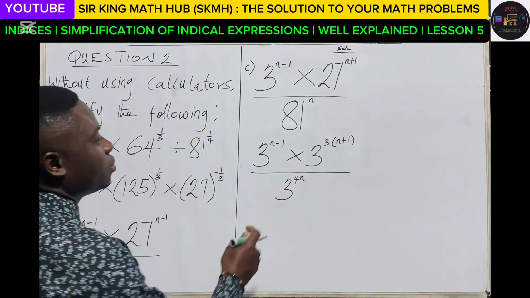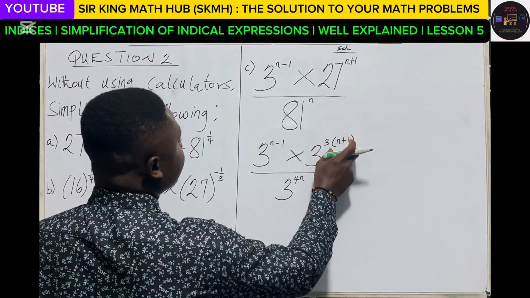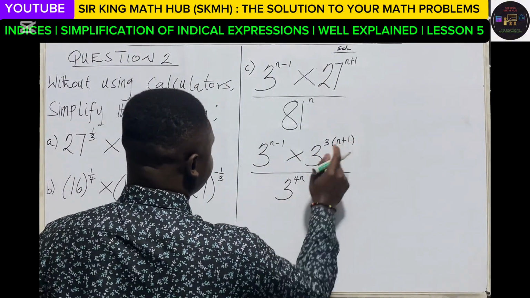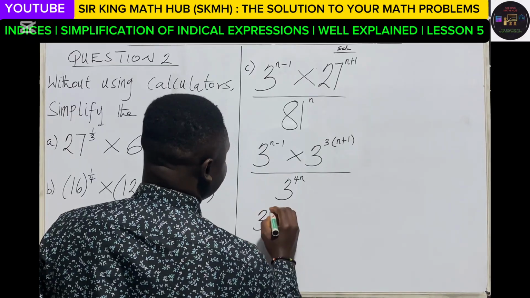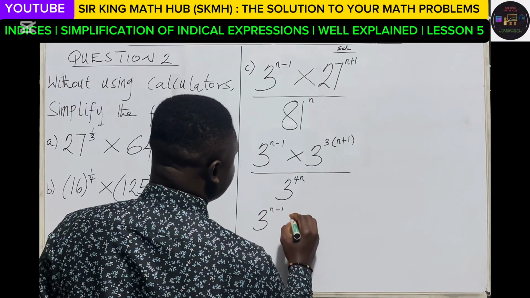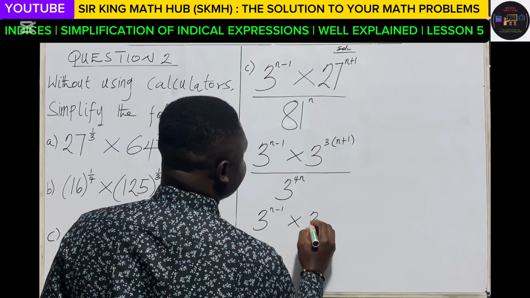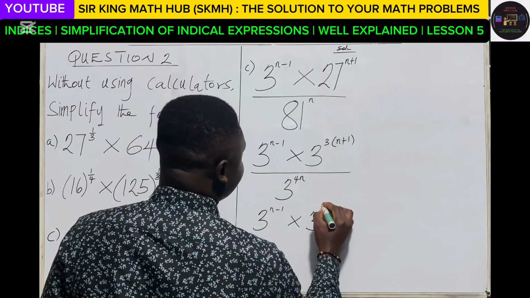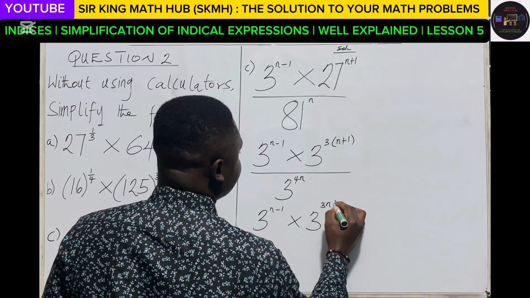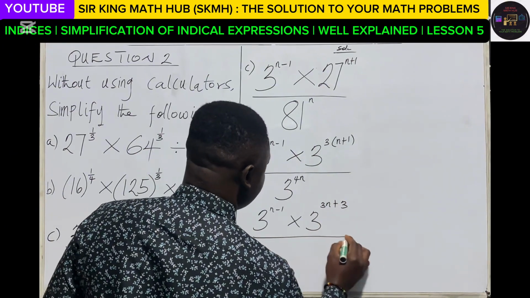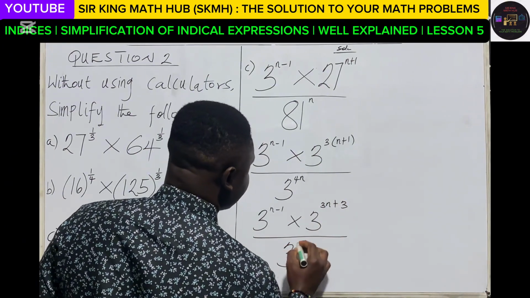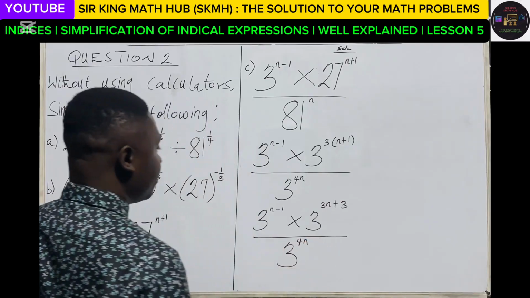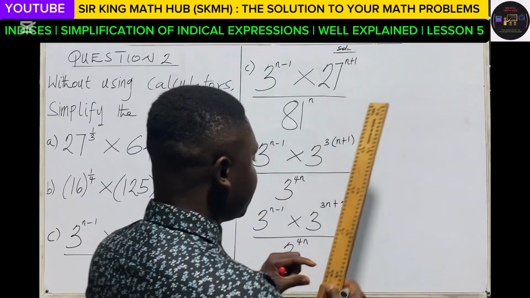Again, I want us to simplify the index. So we have 3 exponent n minus 1 multiplying 3. When we expand, we have 3n plus 3 all divided by 3 exponent 4n.